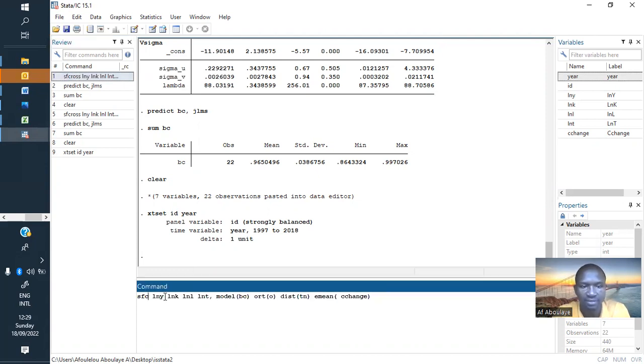Here is the panel data I'm using. This will be SF panel. But if it was cross-sectional data, we would be using SF cross. Now I choose the model, the EC again, or I can use the FF, output oriented, with a normal distribution.